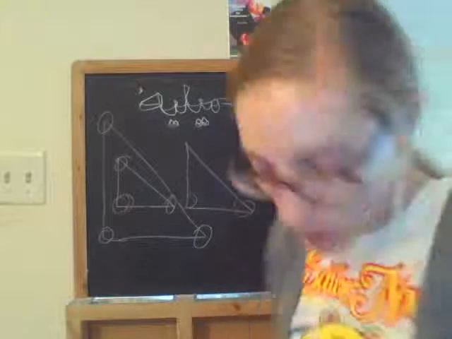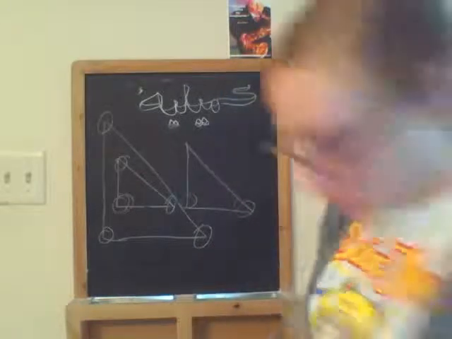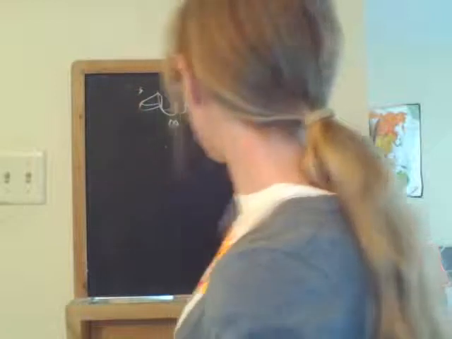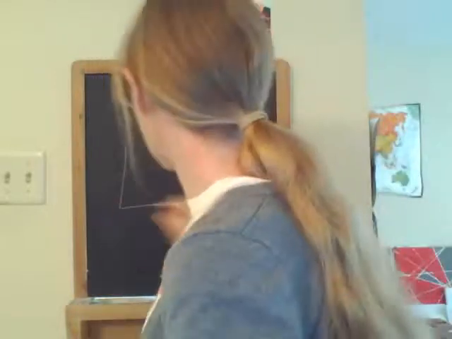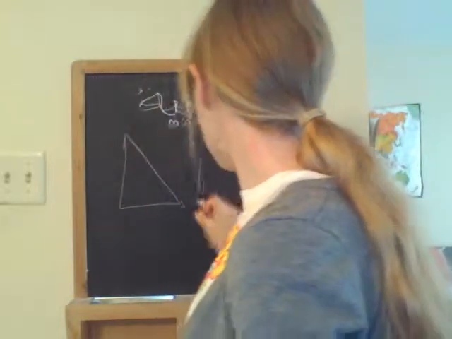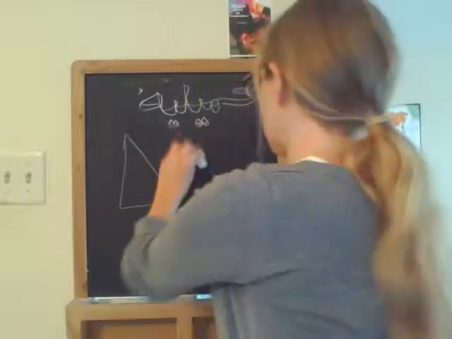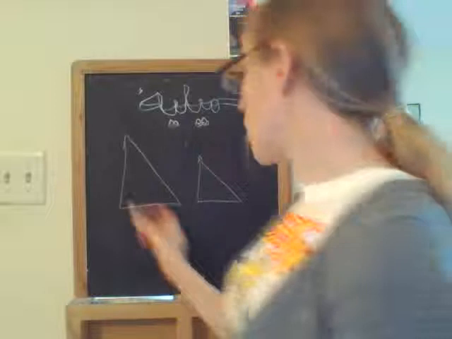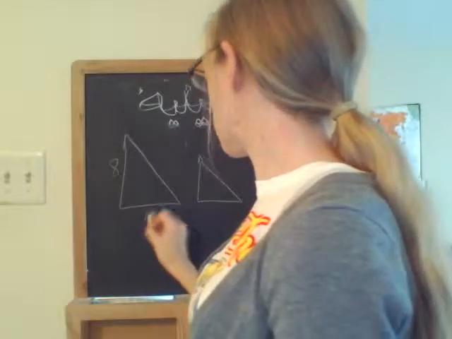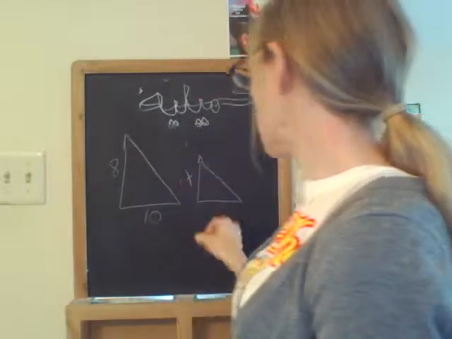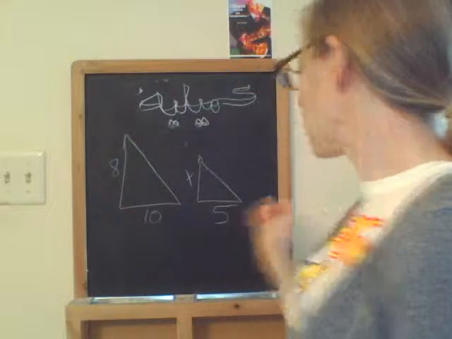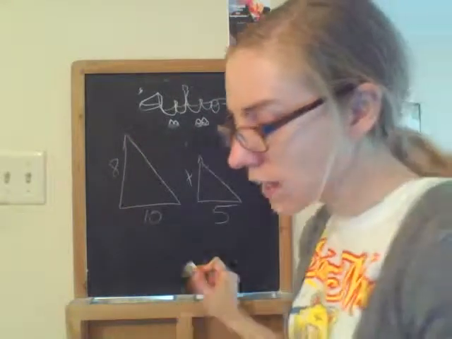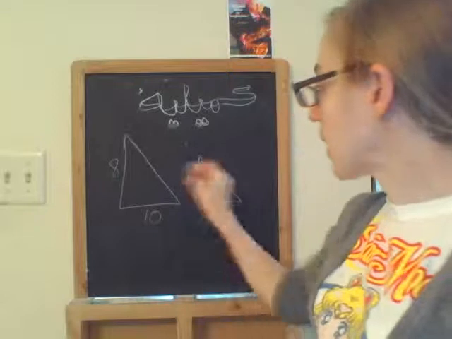So now that we know that tidbit of information, let me just read this here. We can go on to say, if we want to figure out the sides now, if we're told that these two are similar, we can say that this is 8 and 10, and if we didn't know that one but we were given that one, we can go on to establish finding 4x here.